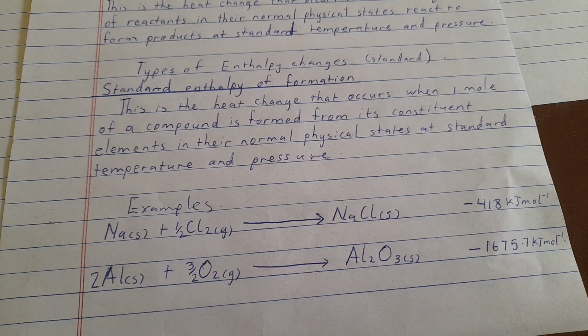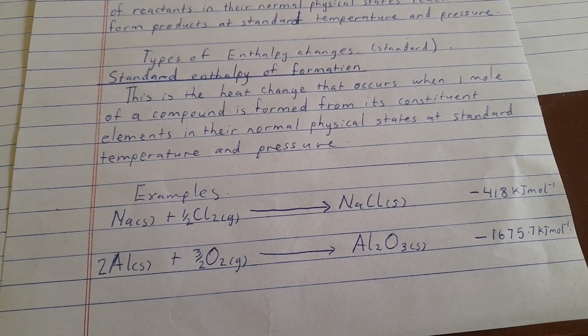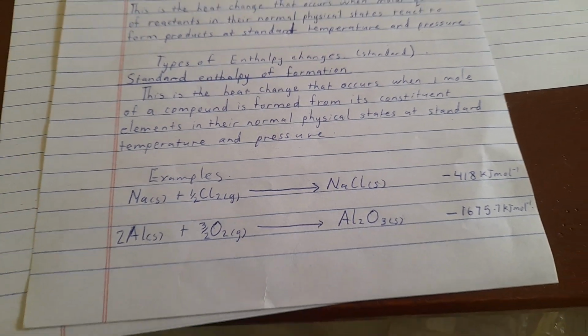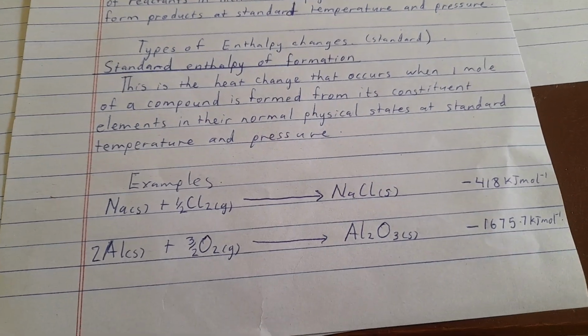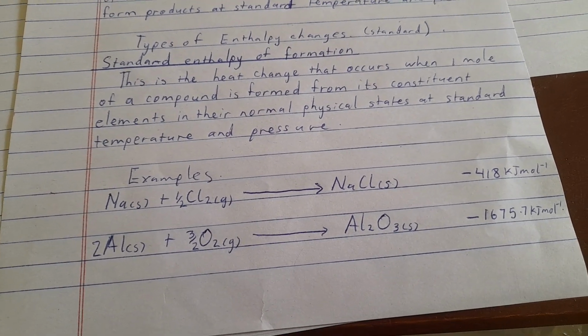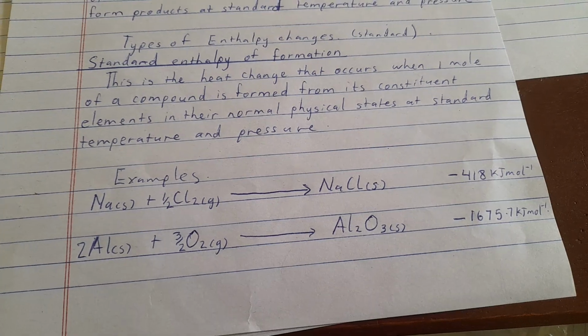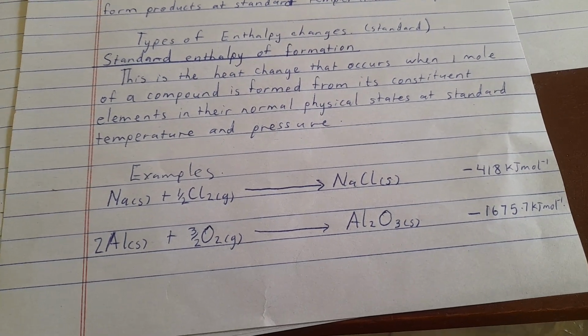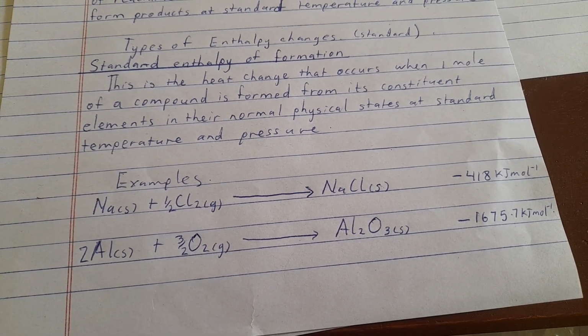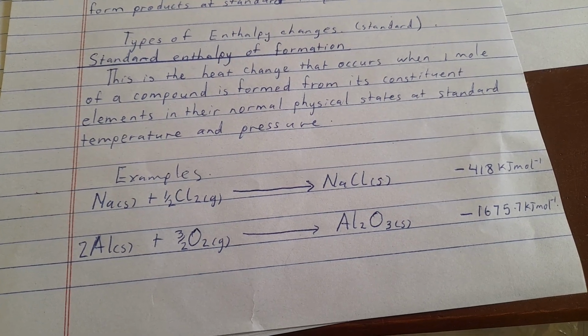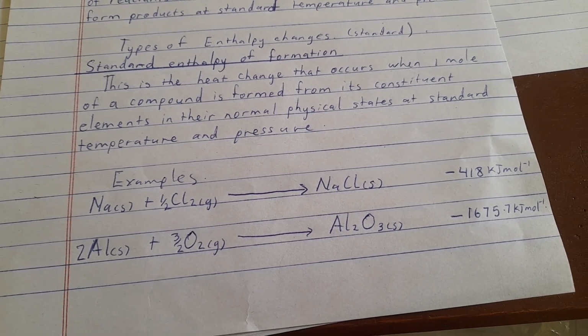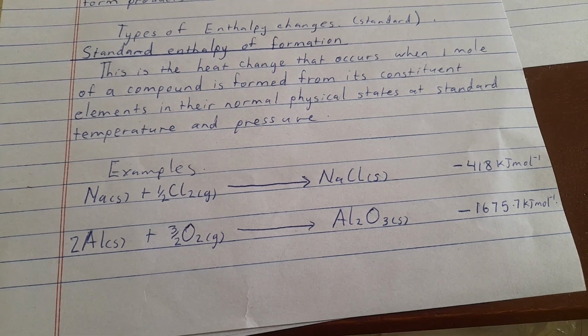We have some examples of the standard enthalpy of formation. We have a reaction of sodium and chlorine. We get sodium chloride. You see, sodium chloride could be attempted to balance with 2 on both sides, but when we do that, we shall be forming 2 moles of sodium chloride.